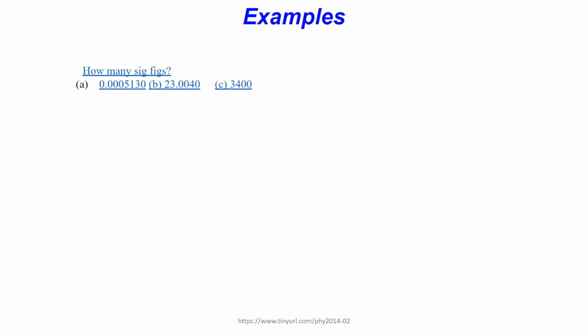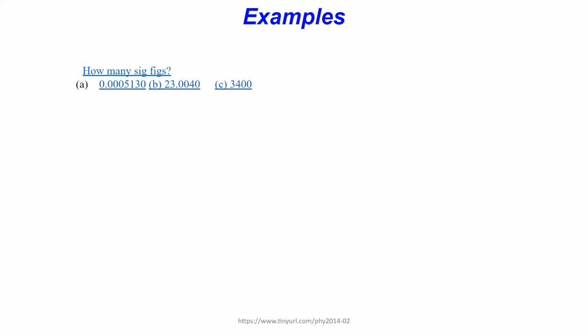Let's have a look at some more examples here. On this one, those three numbers, let's take a look. The first one here, because it's 0 before the decimal point, these 3 zeros are just placeholders, so they don't count as significant numbers.